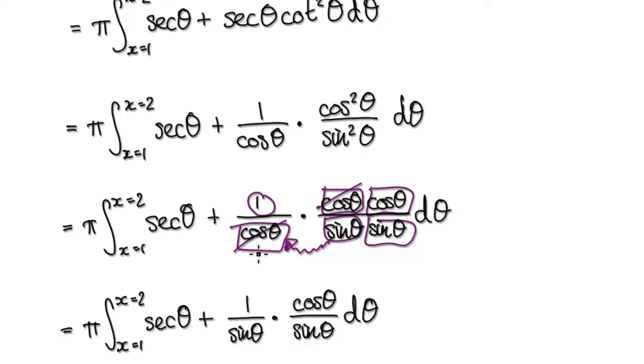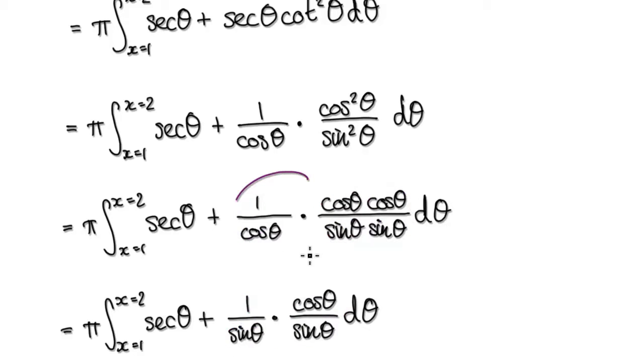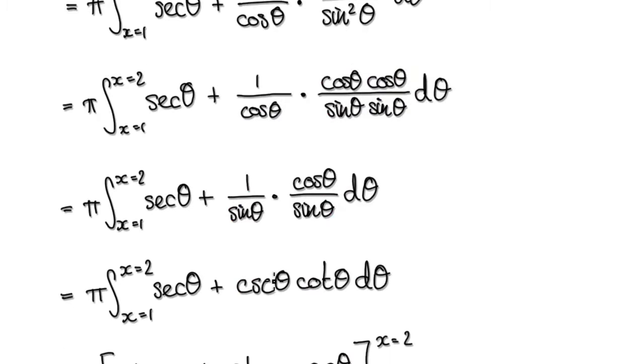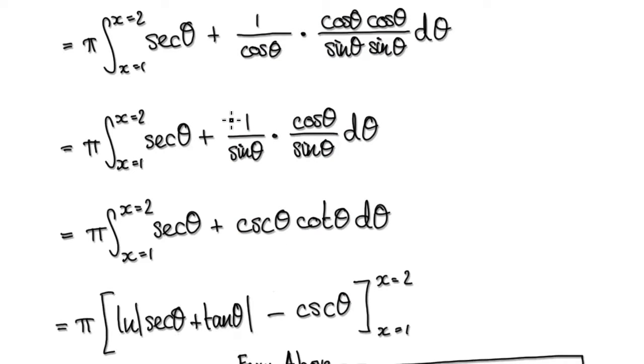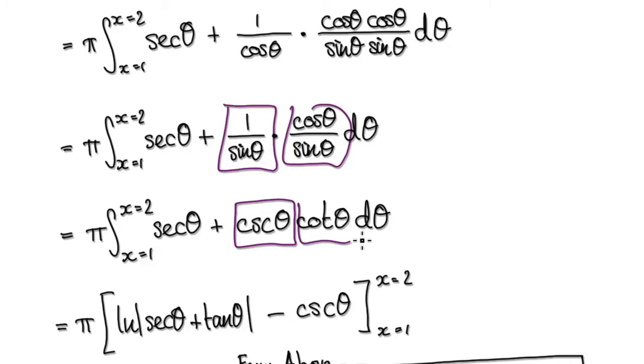So that would be 1, and then moving this over to here, that would be sine here, and then you've got one block of cos and one block of sine. Well, this whole thing here is this thing here. Now this thing here is cosecant, and this thing here is cotangent.